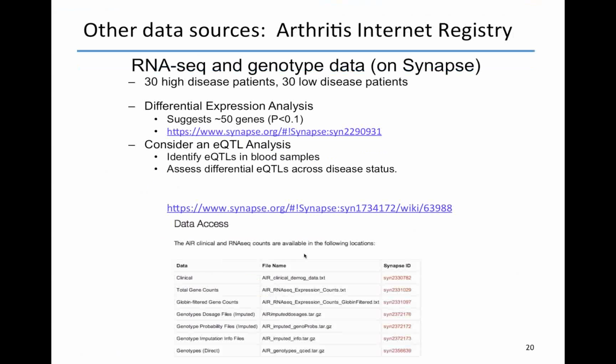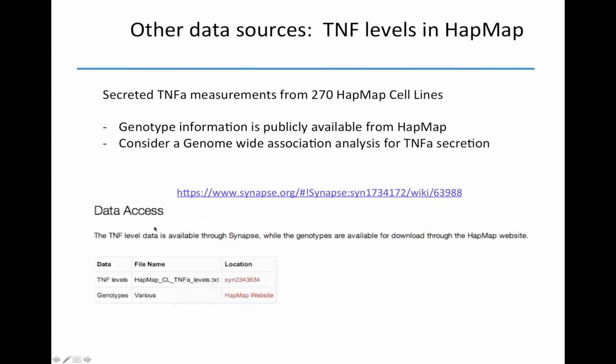Yeah, please. One of the things about that particular data set, go back just to slide 19. This is something that we generated a number of years ago as part of a much larger HapMap cell line project. And we measured a number of different secreted cytokines at a resting state.